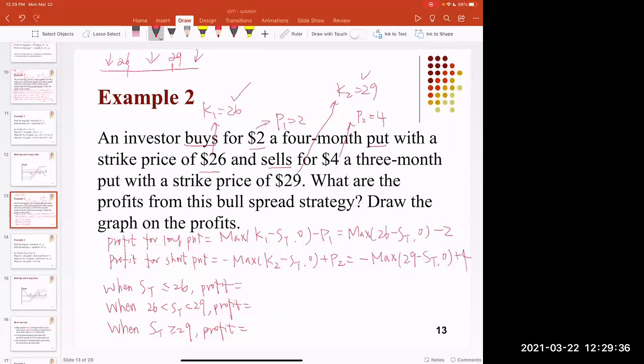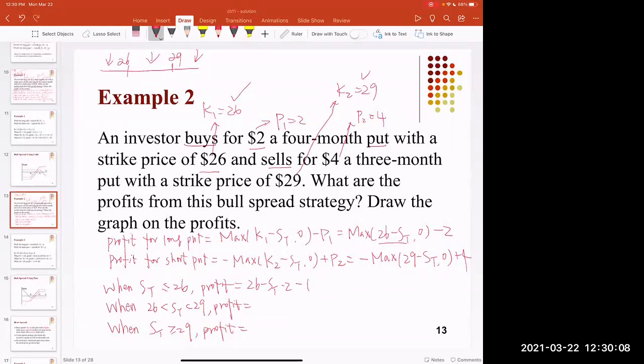ST is less than 26, so 26 minus ST. This should be positive, right? Because ST is less than 26. So 26 minus ST minus 2, that's the long position. And the short position, let's see. ST is less than 26, so less than 29. So 29 minus ST, positive again.